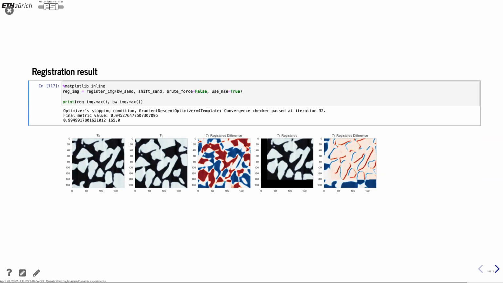It was quite a big difference between the two images. Then we do the registration, and the output is still a little bit displaced, but it's getting closer to the real thing. So we may change something about the number of iterations in this fitting to get the last piece right.